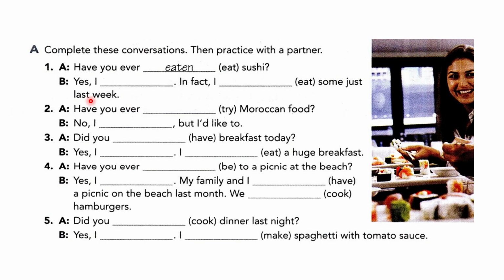Remember, we don't use the present perfect to talk about specific times when something happened. We have the simple past for that. We use the simple past when we want to talk about when something happened specifically.